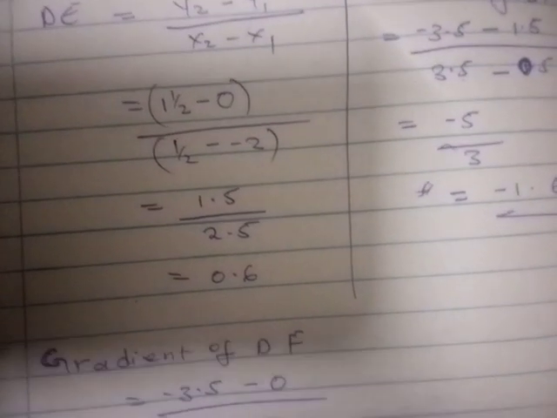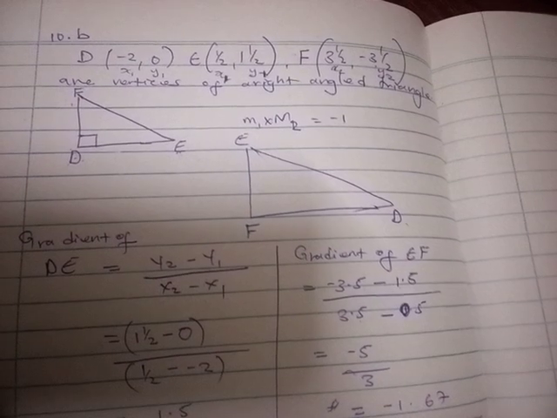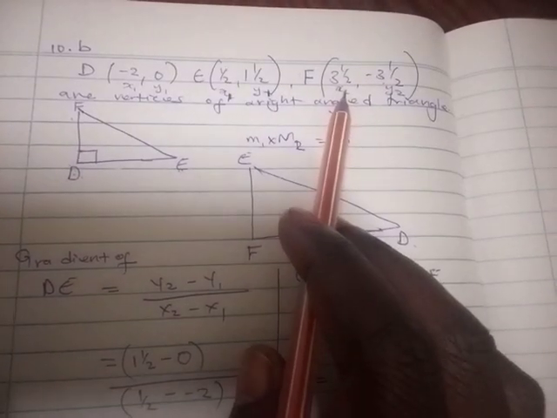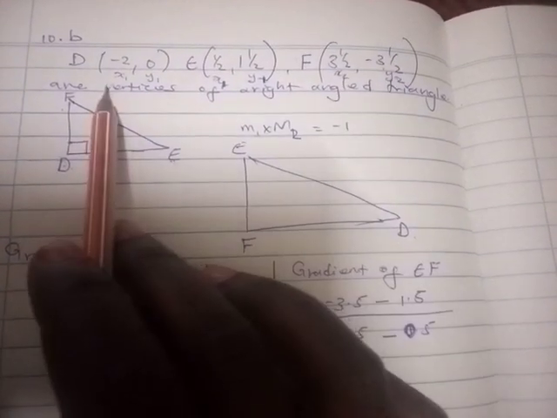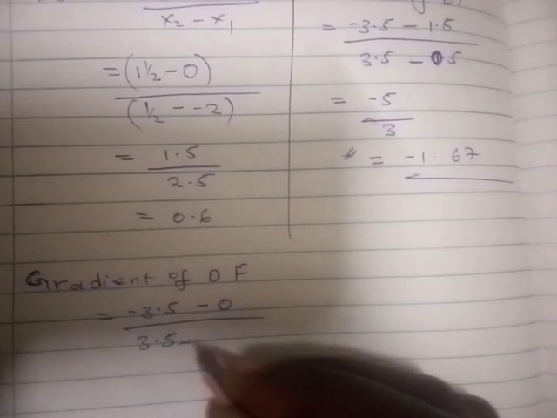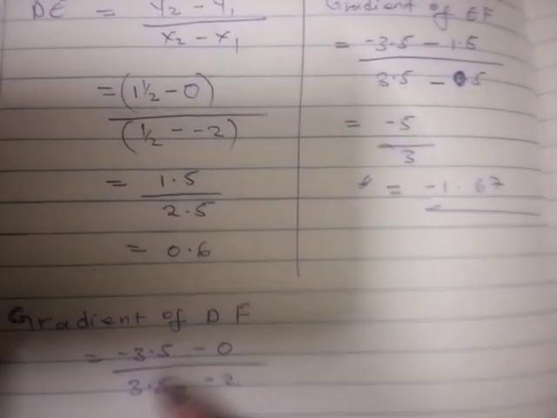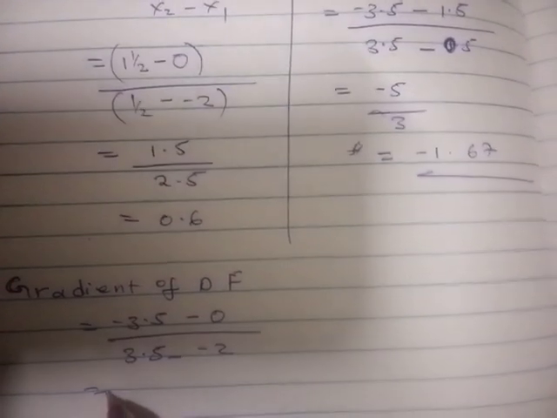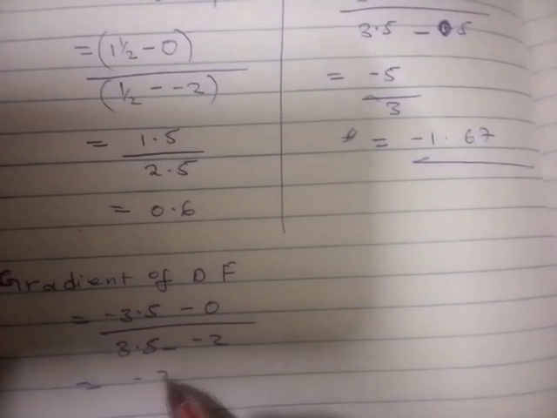X2, which is 3.5. So 3.5, which is 3.5. Then minus, this is minus 2, isn't it? Minus 2. So this one will be giving me what? Up it is minus 3.5.